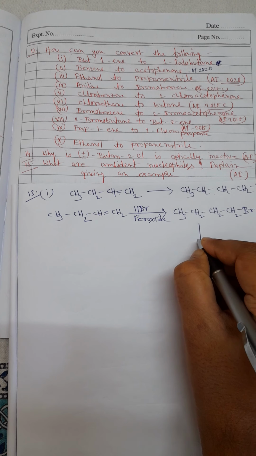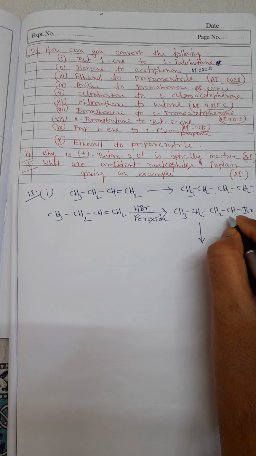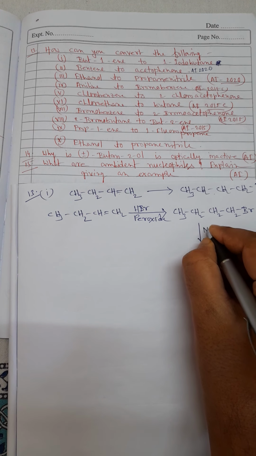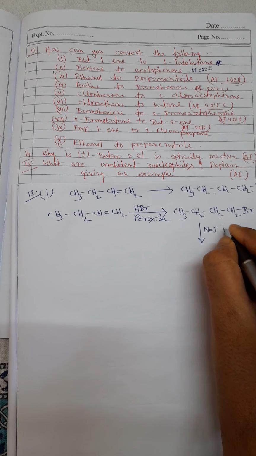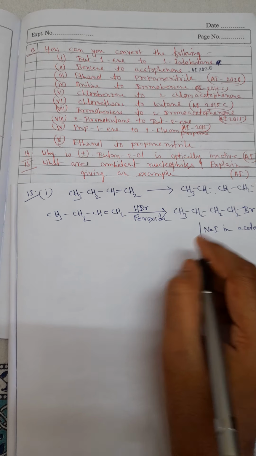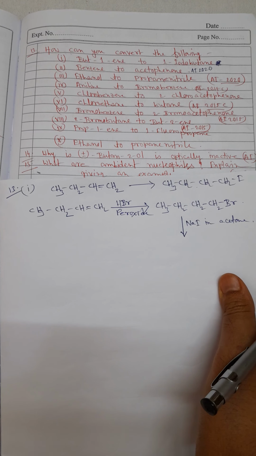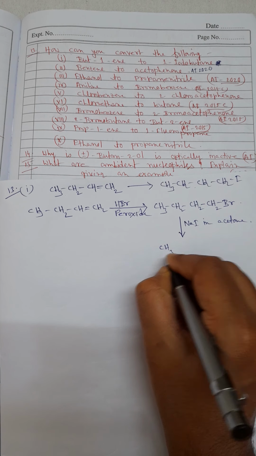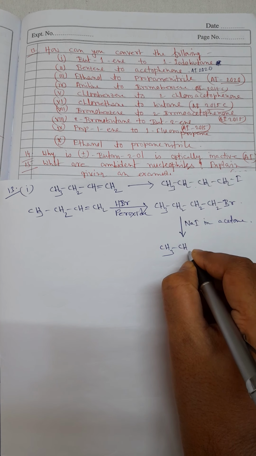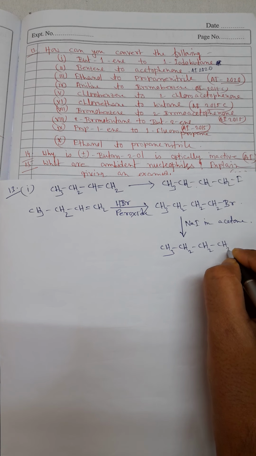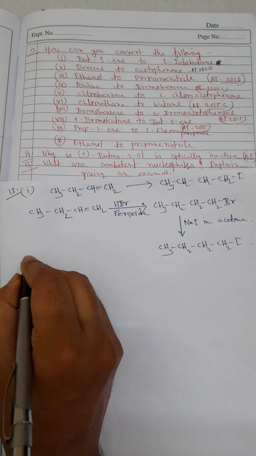In the next step, when 1-bromobutane is treated with sodium iodide in acetone, then you will get CH3CH2CH2CH2I as the major product.